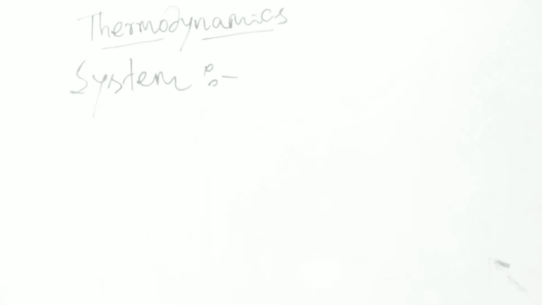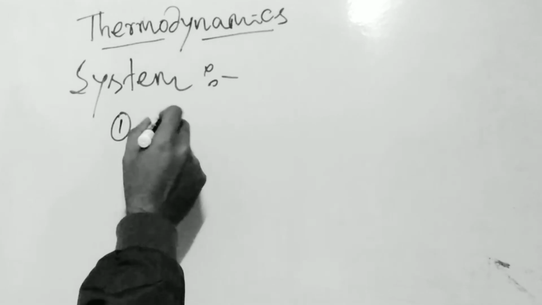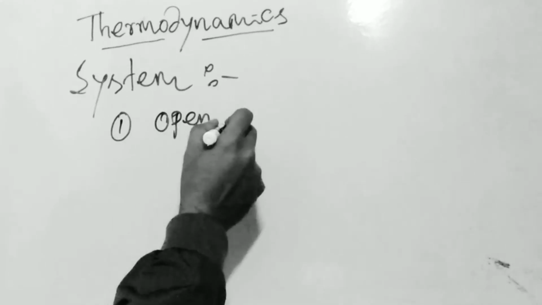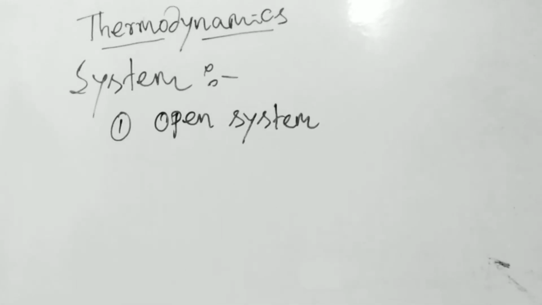Now systems are of three types. Number one, an open system. Now what is an open system? An open system is one where both the mass and the energy are exchangeable with the surroundings.